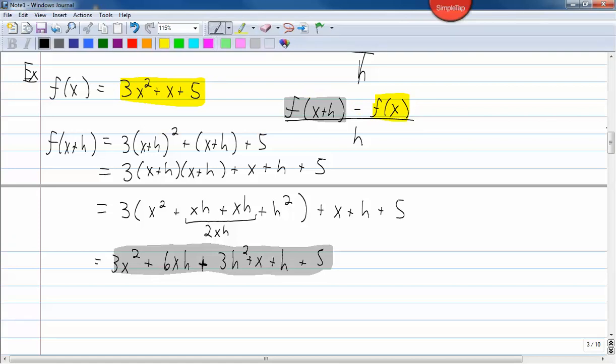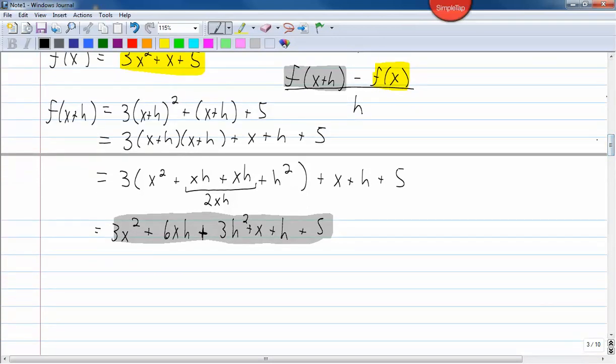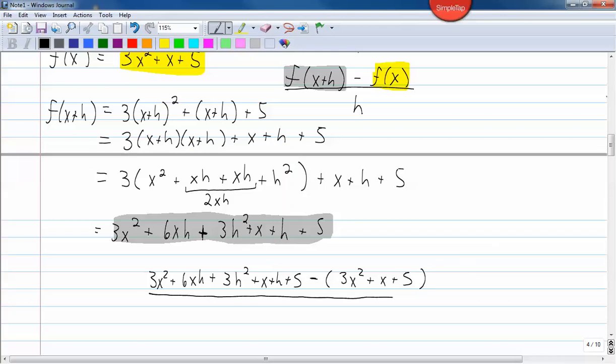Okay? So I'm going to rewrite all this stuff one more time. 3x squared plus 6xh plus 3h squared plus x plus h plus 5 minus my original function, which was 3x squared plus x plus 5, and that's all over h.